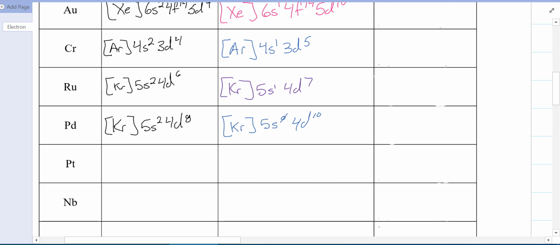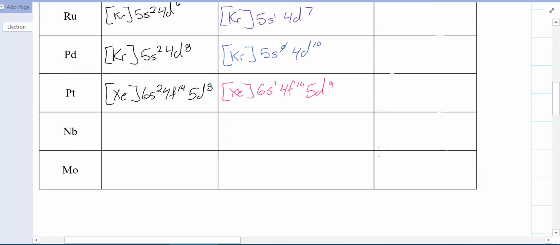That makes a lot of sense. Platinum, right below it, xenon. Then we got 6s2. Of course, the 4f14 is in there now. And 5d8. So you would think that this would go to xenon 6s0, but it goes 6s1, 4f14, 5d9 because platinum likes to be square planar a lot of times.